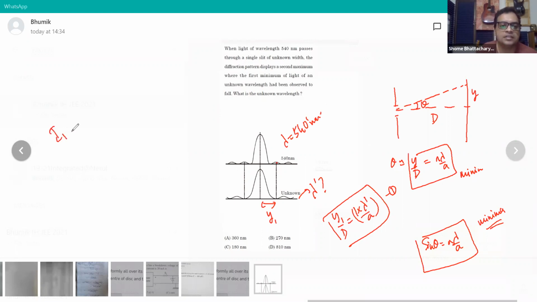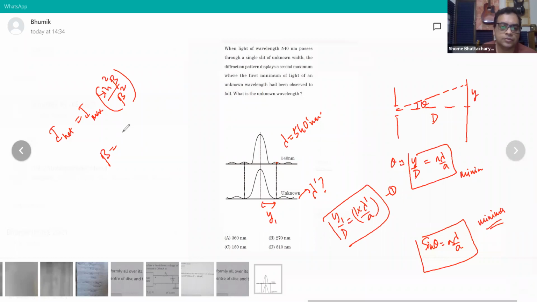So the net intensity is the central maxima's intensity into sine square beta upon beta square, no? This kind of equation, where beta is, what was it now?